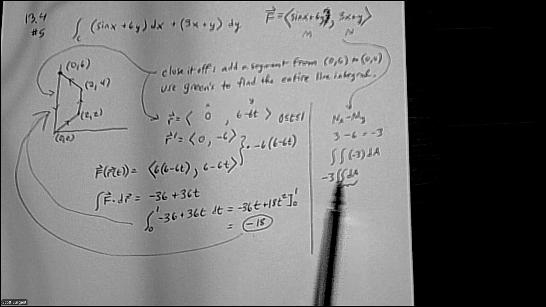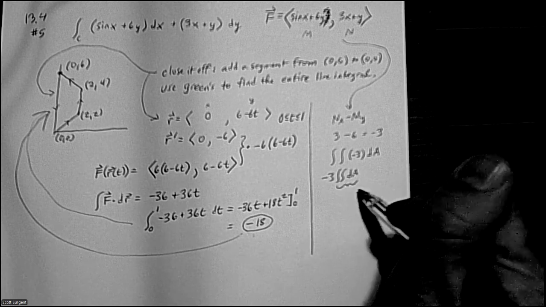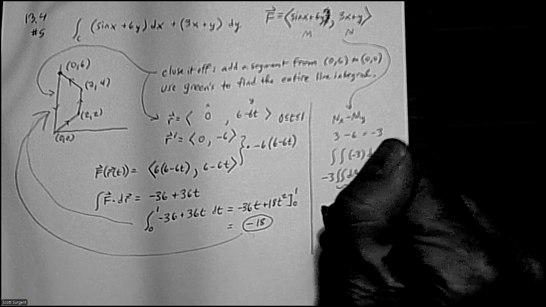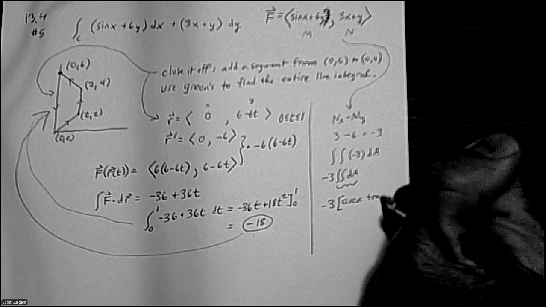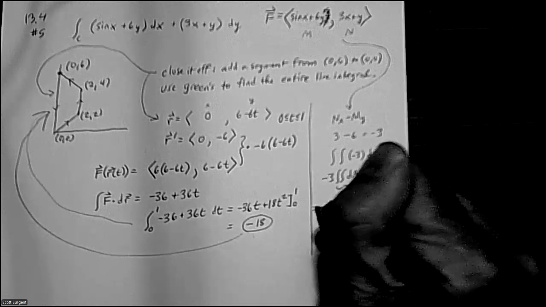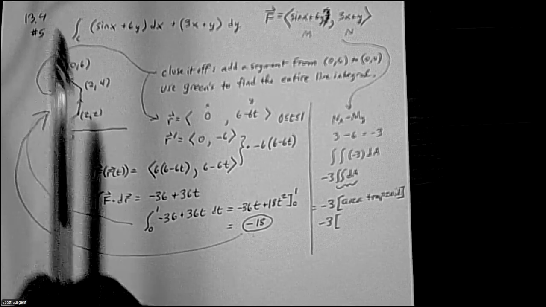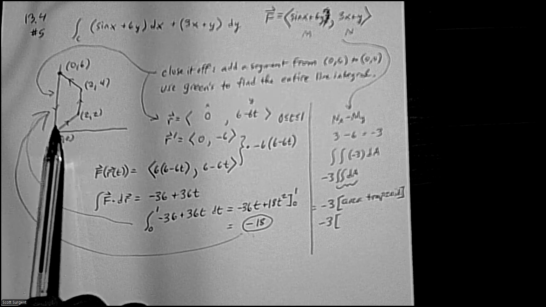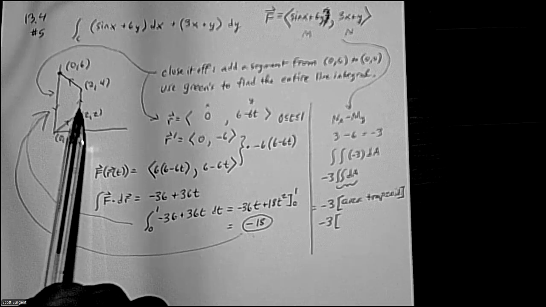Now over here, we were doing Green's theorem on the whole interior. We had negative 3 times double integral dA. So it's negative 3 times the area of the trapezoid. And that's going to be, let's see if I remember my formula here. It's the base times the, what was it now?